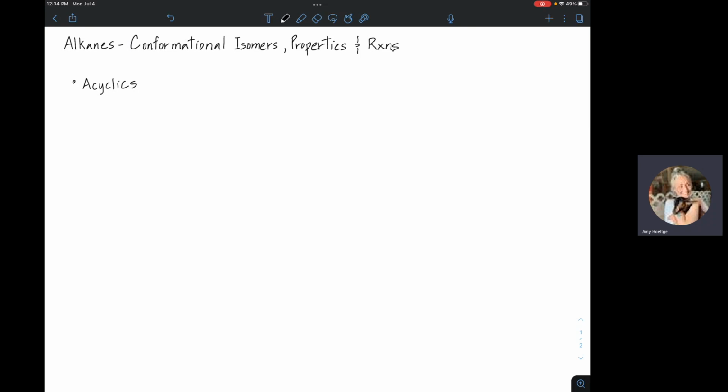And I'm just going to keep it as simple as possible and begin with ethane. So I'm going to draw out the expanded structure for this. So we have 2 carbons, and each one is fully saturated.